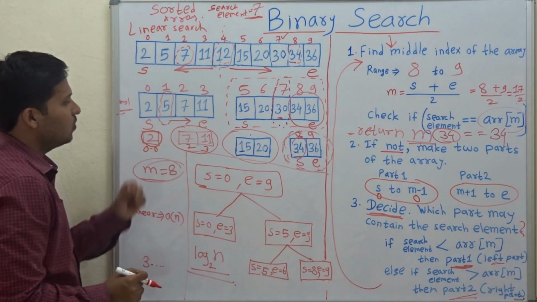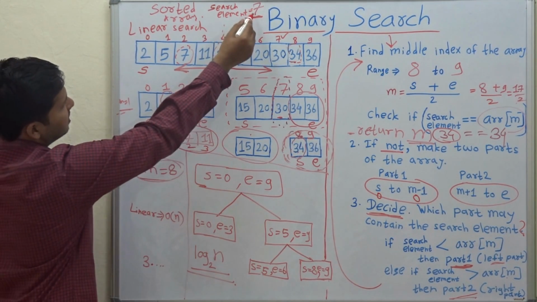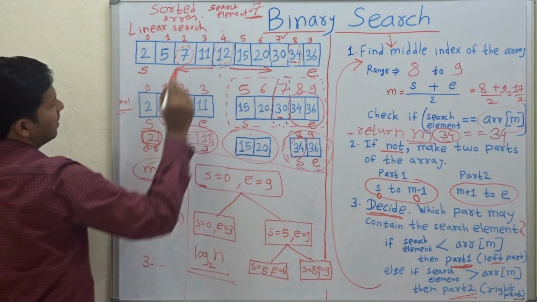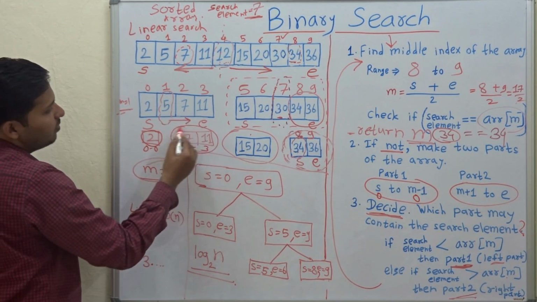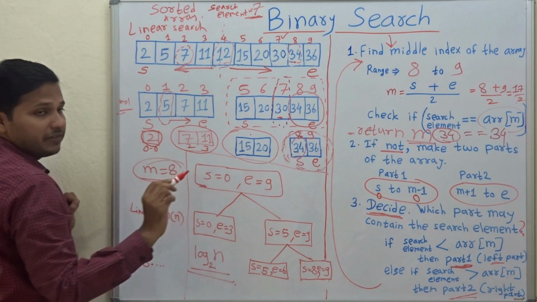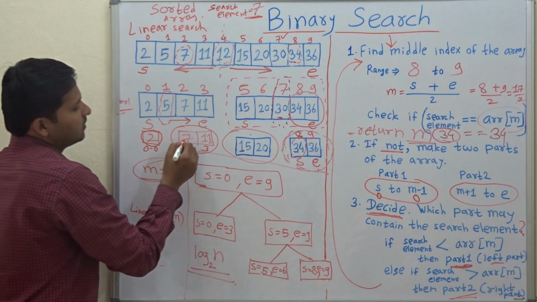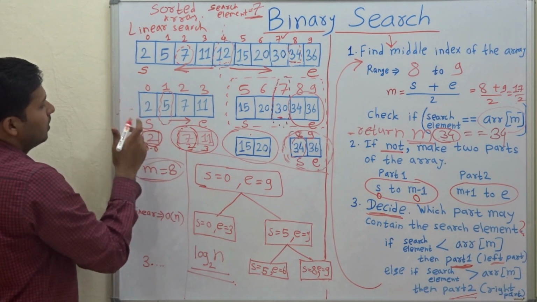Now you check whether the search element 7 is greater than or less than 5. As it is greater than 5, it will be in this part. So now 2 plus 3 is 5, 5 by 2 is 2, so 2 is the middle element. M is equal to 2.